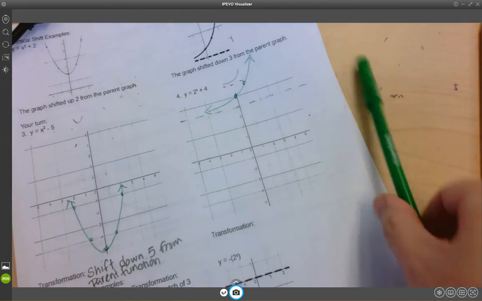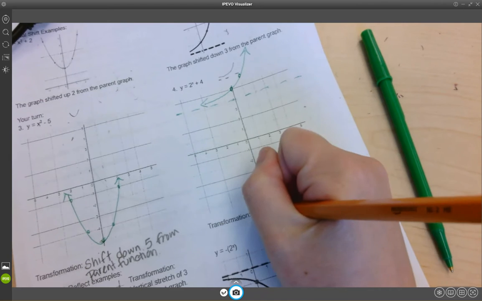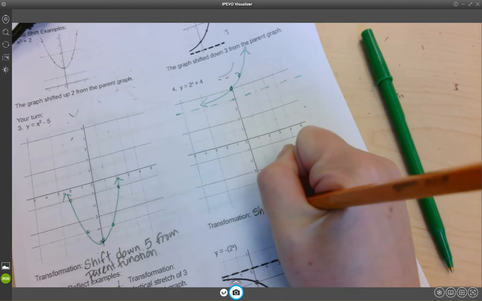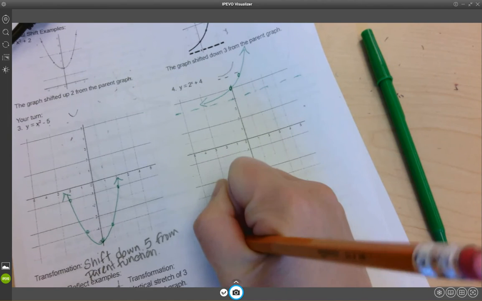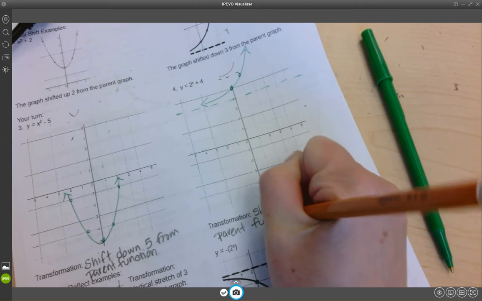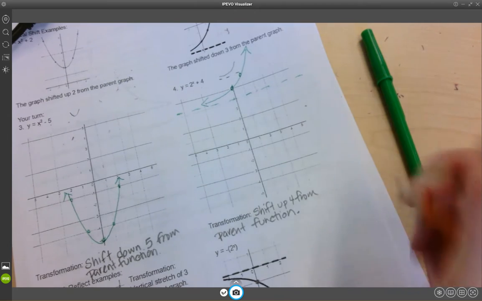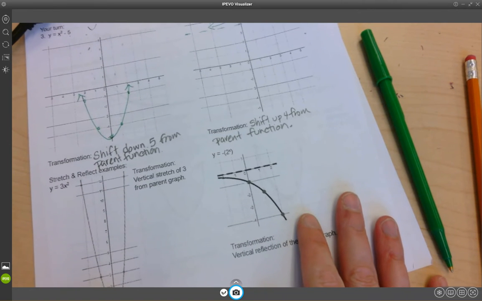Okay, and we said that this was a transformation that shifted up 4 from the parent function. Okay, so if you need to pause the video to finish that, you can go ahead and do that.